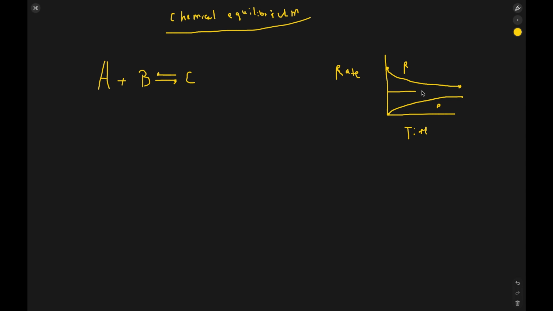And once the rates are equal, then you can say that the reaction is at equilibrium. It means that the rate of the forward reaction equals the rate of the reverse.